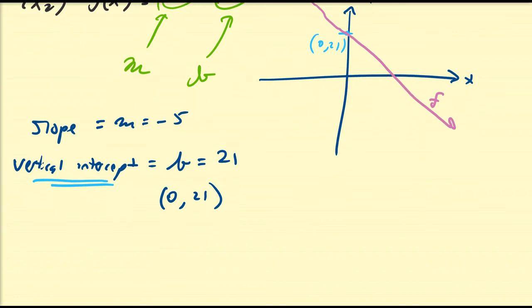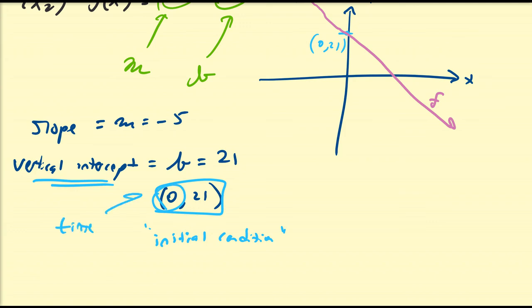And if you talk about applications, some people call this the initial amount or initial condition, especially if 0 corresponds to time. There are several applications that can be associated with this type of representation, but we'll discuss these at a later time. This is just an introduction to linear functions. In the next video, we'll talk about a couple more properties associated with them.